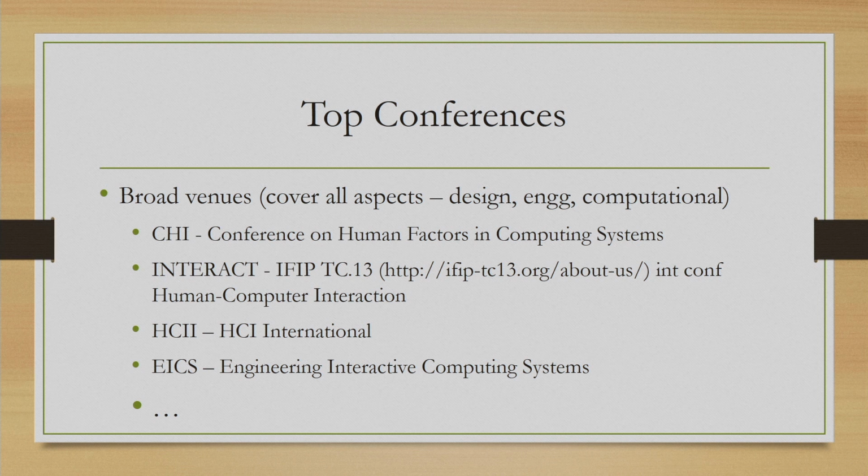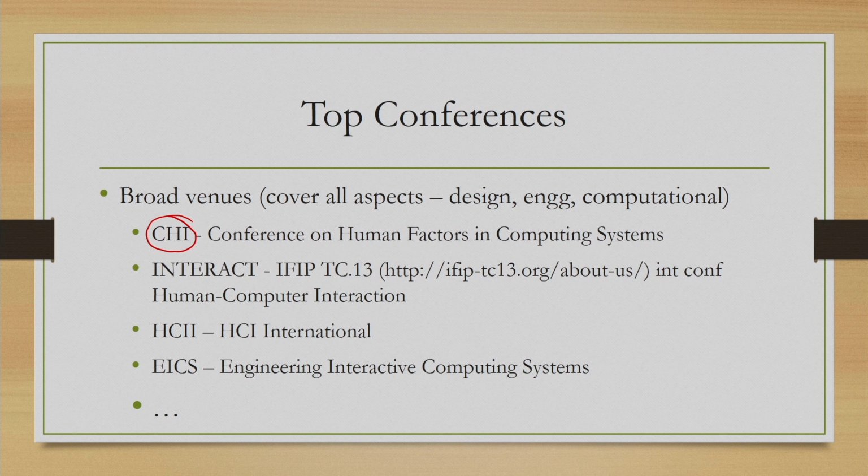The first in the list is called CHI. This is a conference which is organized every year by the SIG-CHI group, the special interest group on CHI, which is a flagship body that governs the activities that take place in this area.